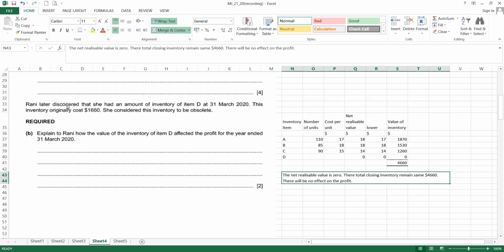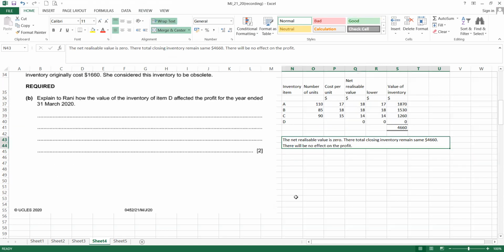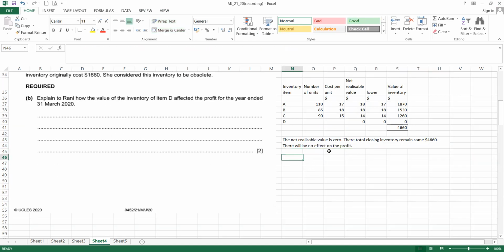Because they say that later she discovered that she has an amount of inventory of item D at this amount, and this item's original cost is 1,660. It means that, based on my understanding, they have the opening inventory for the item of 1,660.